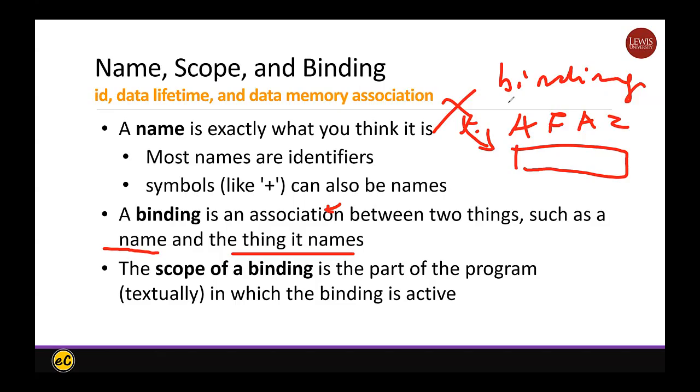Binding is similar to marriage. In marriage, you go to a chapel and the priest declares that from now on you are husband and wife. So marriage is a binding.